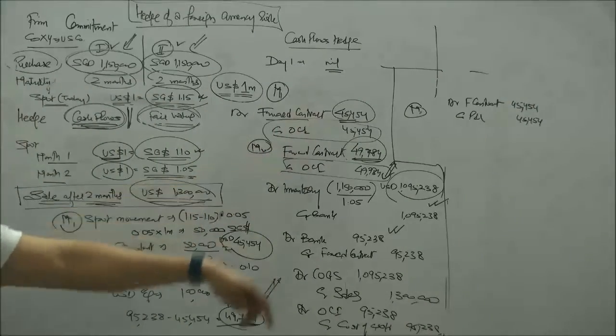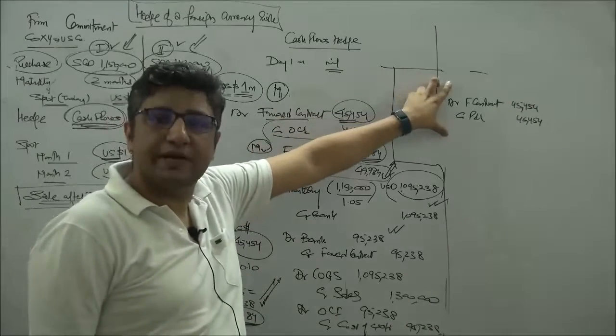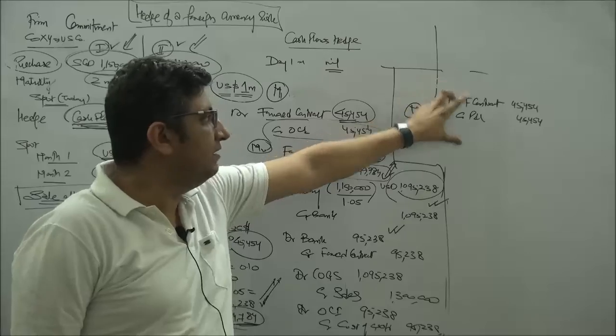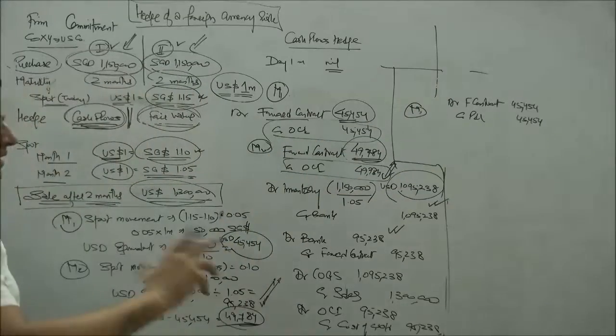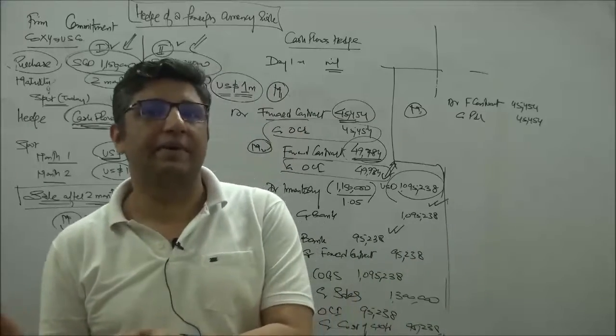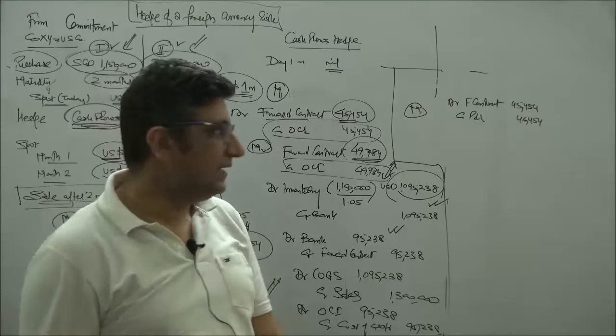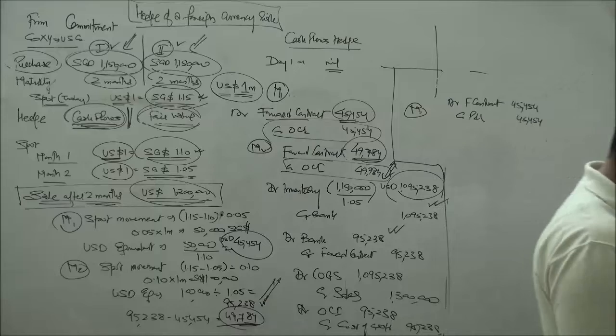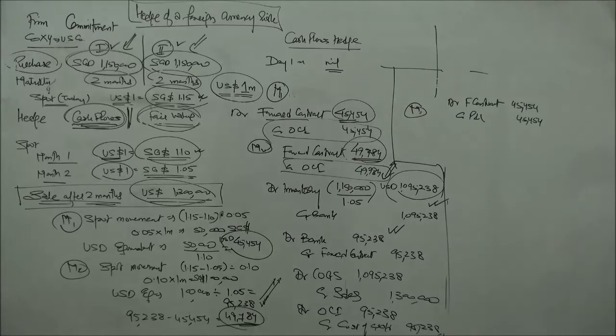But now with this hedging instrument coming into the picture, we also have a mirror image of the hedged item coming in as well. Essentially we say there is a notional loss which arises because of this particular commitment.